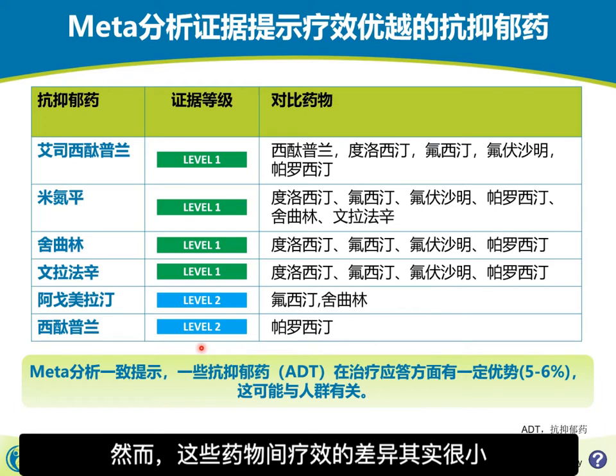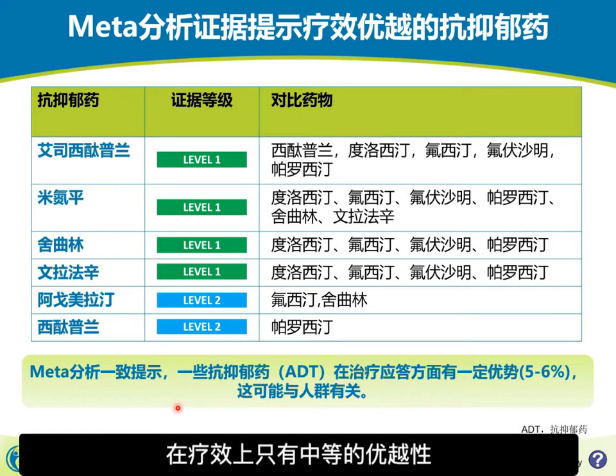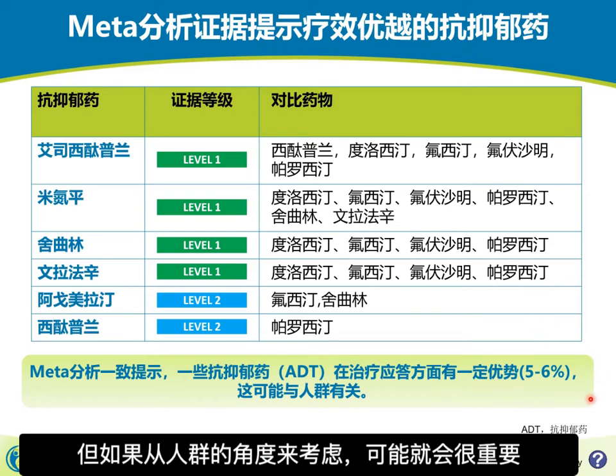However, these differences between the medications were quite small. There's only modest superiority for treatment response, about 5 to 6% improved response rates compared to these other medications. However, even a small difference in response could be significant when you consider it from a population perspective.